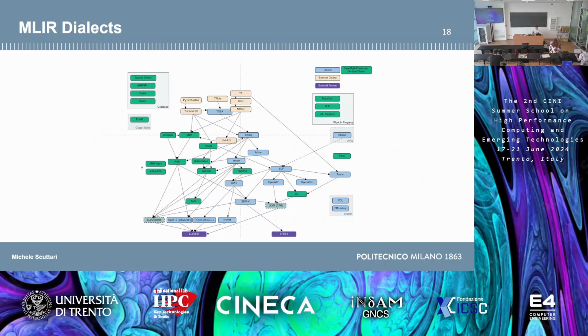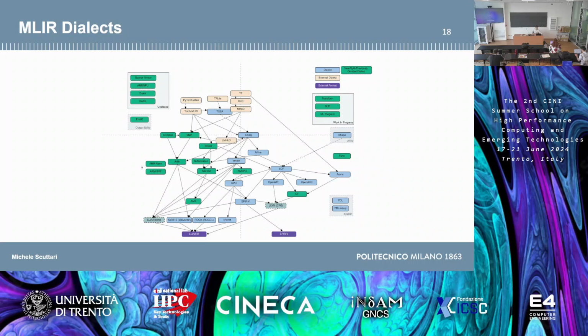In particular, I want to highlight the presence of a tensor dialect that is specific to represent operations on tensors, so on non-variable matrices. That is useful, of course, for AI, but particularly useful for reasoning on such operations without having the need to specify where they are in memory. Okay, so there are then transformations.